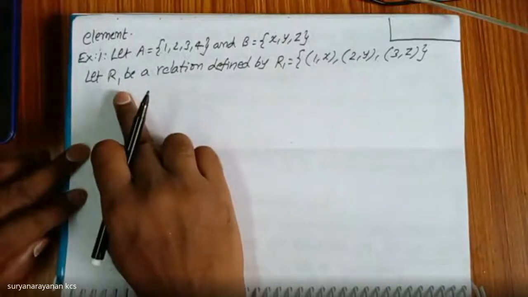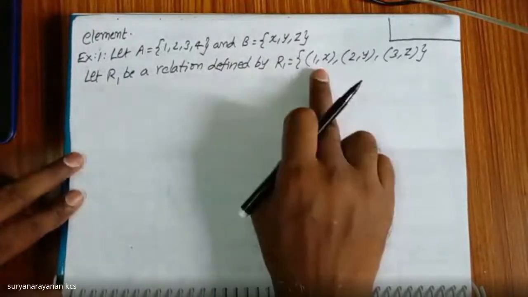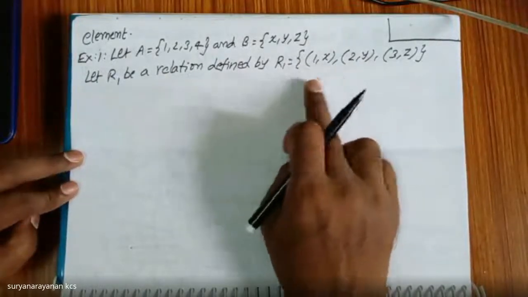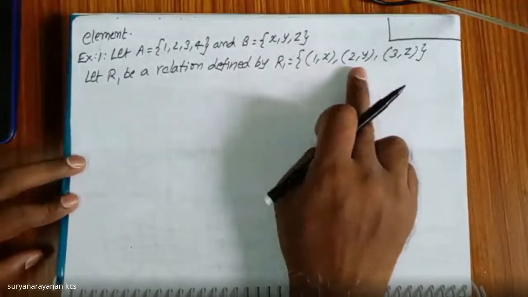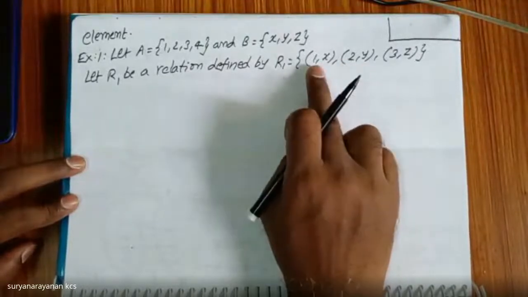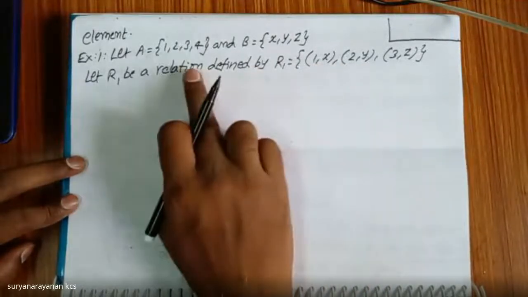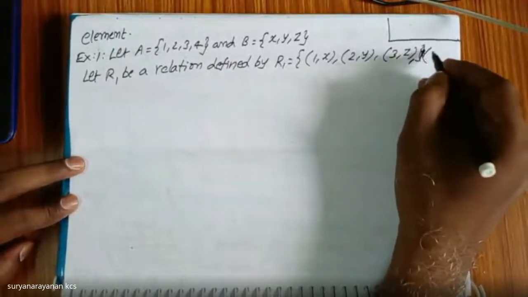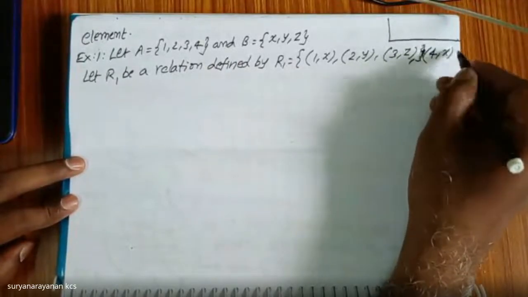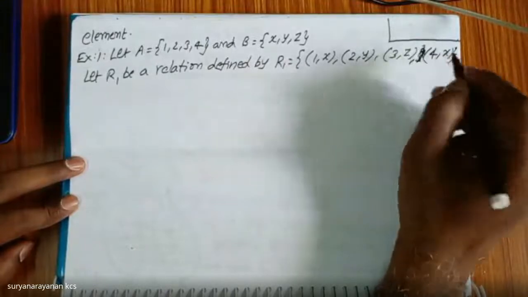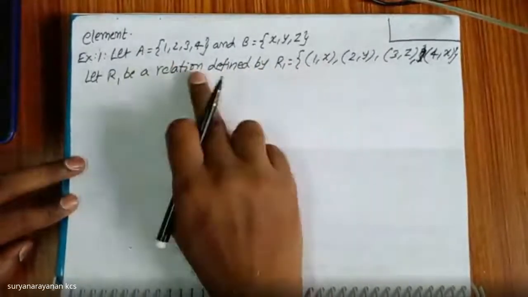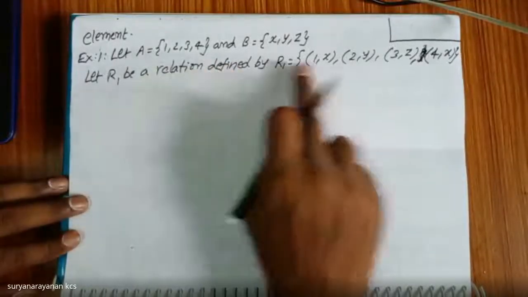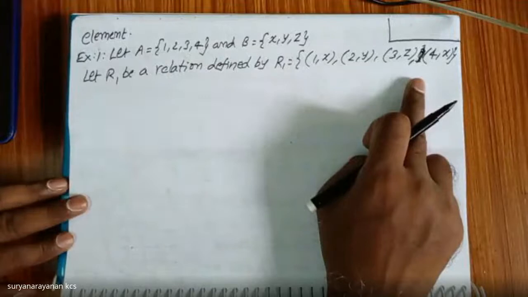Here we have written the relation R1 as a set of ordered pairs. Now, by observing these ordered pairs, the domain of the relation R1 is 1, 2, 3, 4.